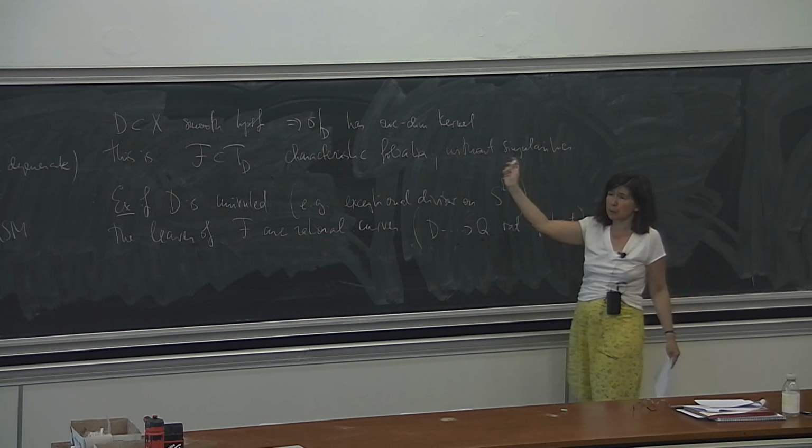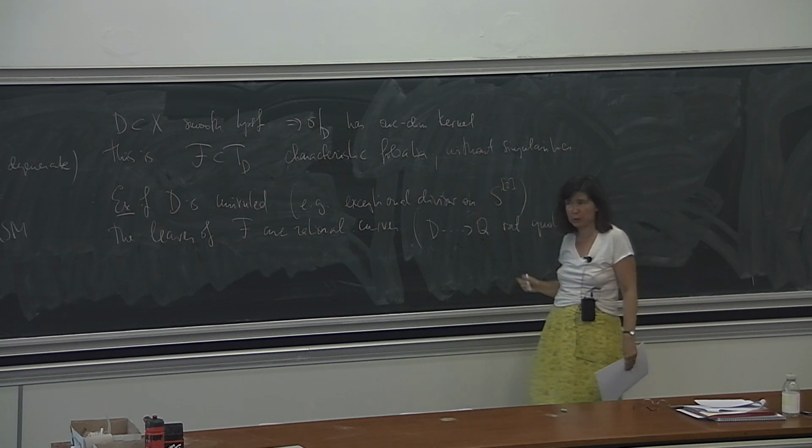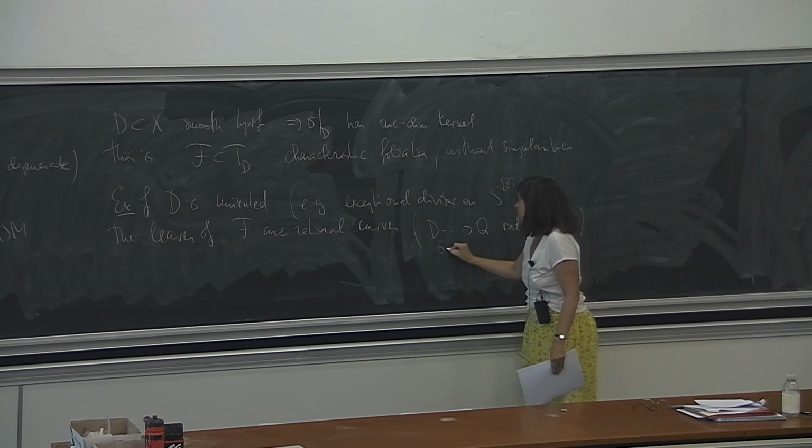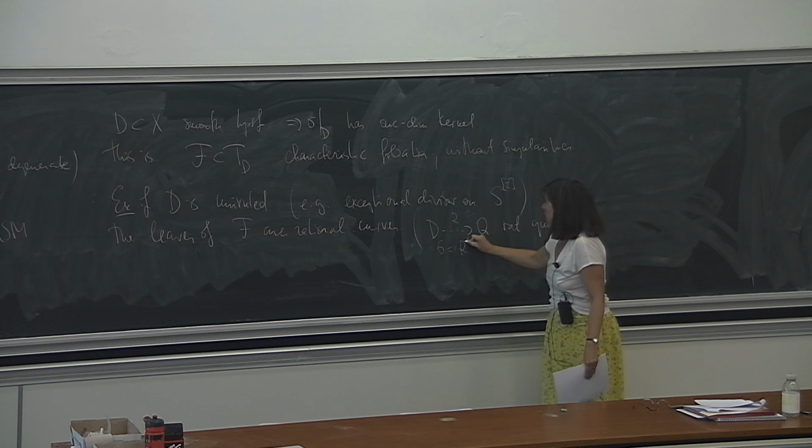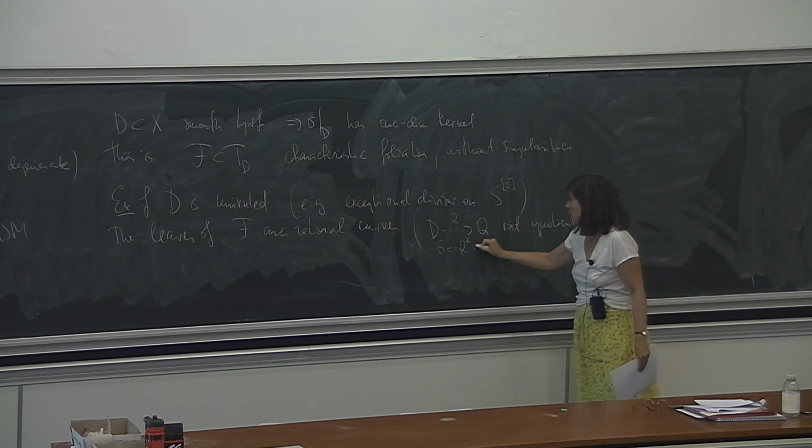The kernel of sigma is exactly along those rational curves. So sigma is R star of some omega.